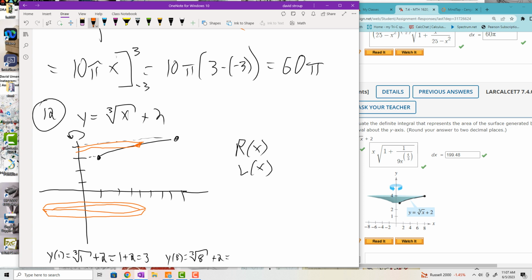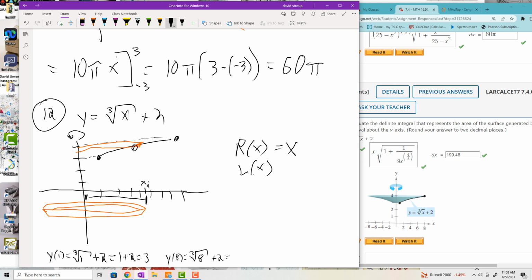Okay, so the radius function, which needs to be in terms of x, looks like it's going to be the length from here to here, right? And for any given x position, that's just going to be x. So you could literally just keep the radius as x.